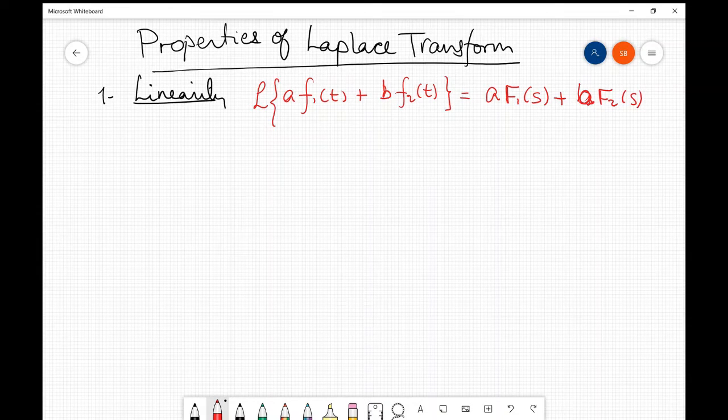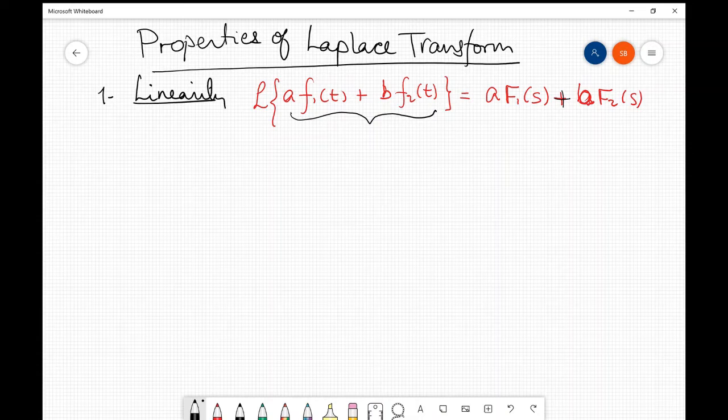So this is just a linearity property, which means if we are asked to find the Laplace transform of the sum of two functions, it is basically the sum of the Laplace transforms. This is what we call linearity, and I think we have already applied this in our previous lecture.